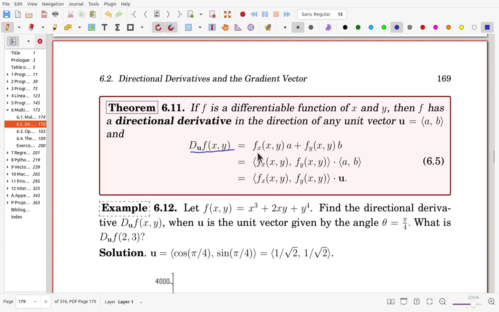We collect f sub x, f sub y as a vector dotted with u. Later on, we'll define this as the gradient vector, and we'll use that notation. But anyway, right now we have this conclusion.